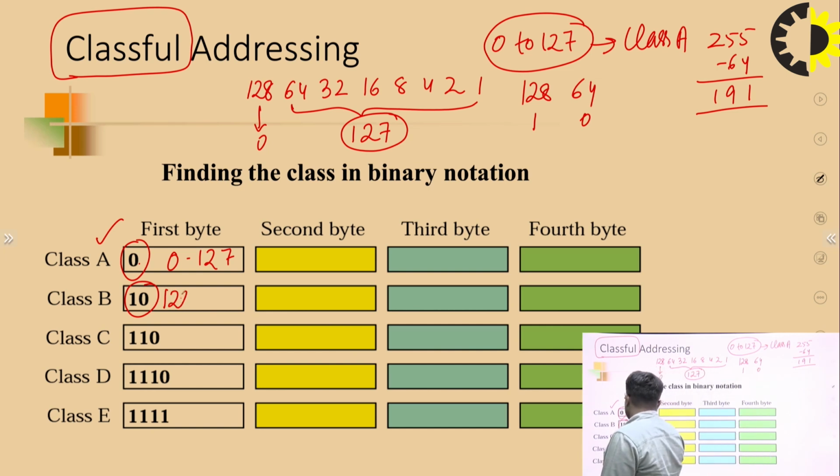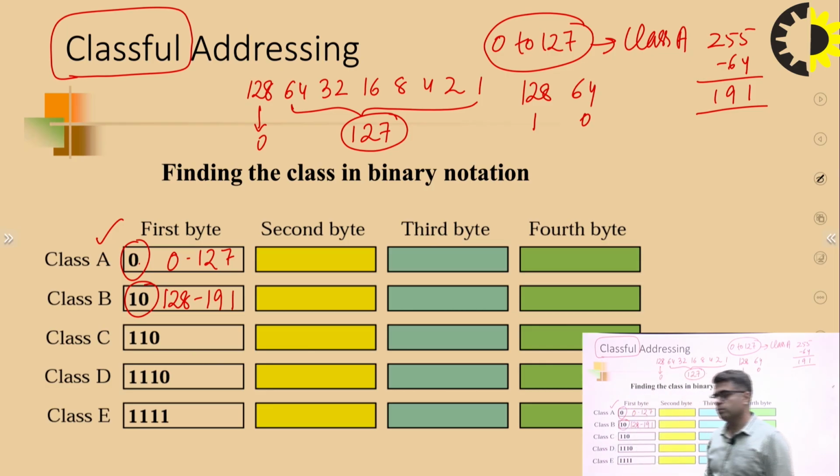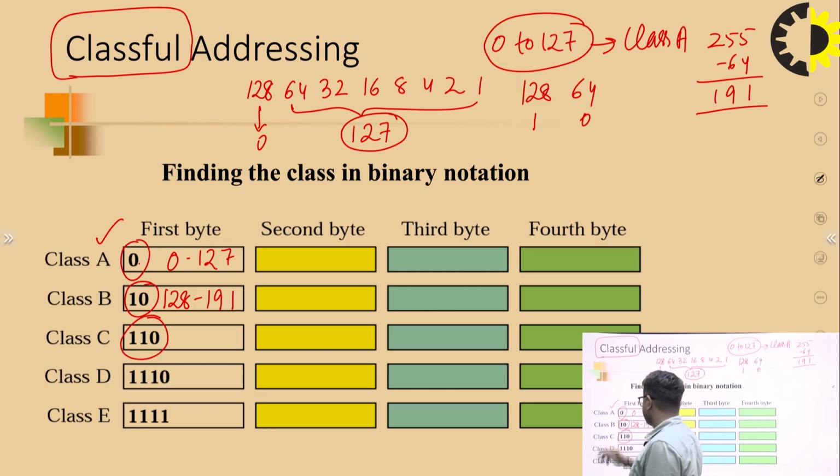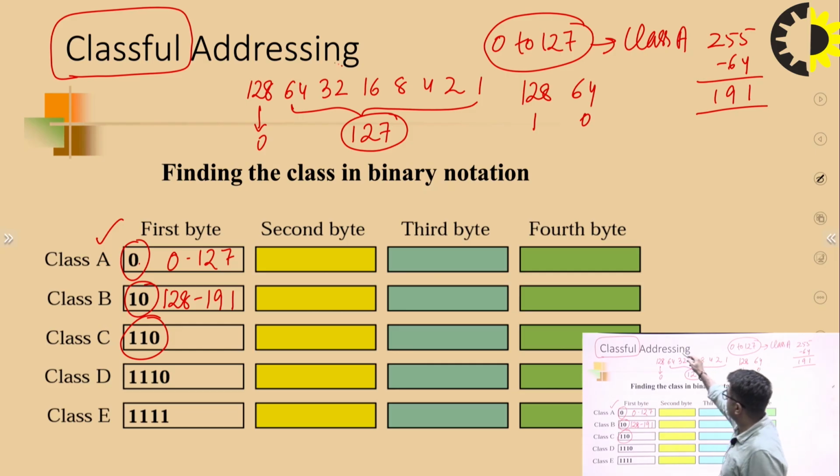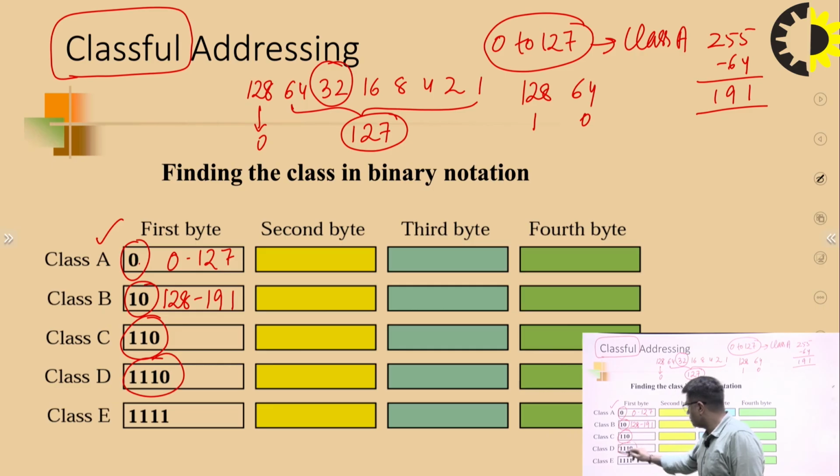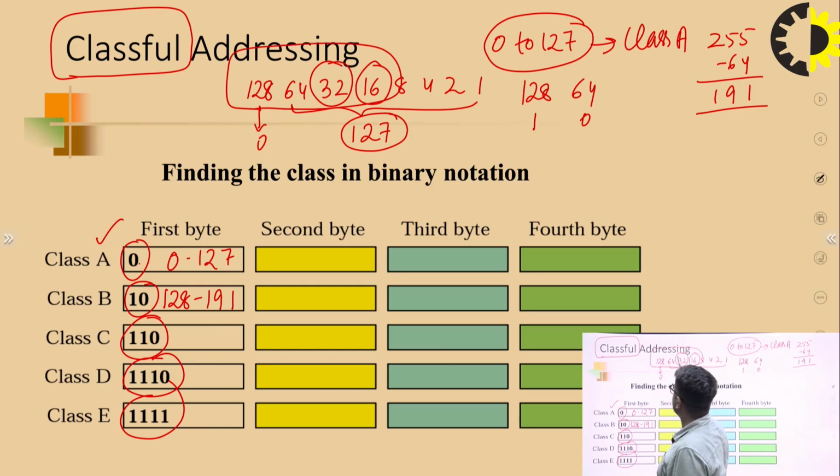So any number between 128 to 191 will belong to class B IP address. Similarly, 110. Okay. That means in that case 32 won't be there. Similarly, for class D, 16 won't be there. And class E, all 4 bits will be 1.